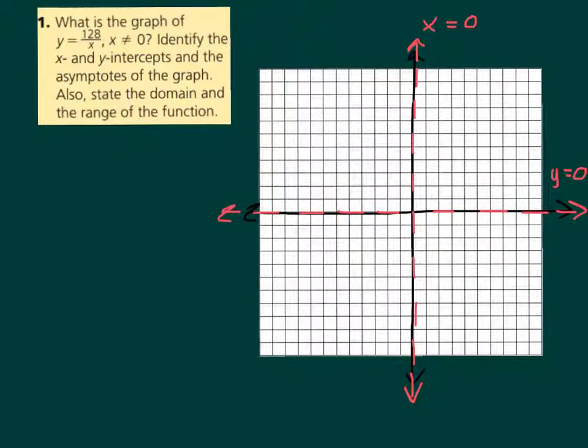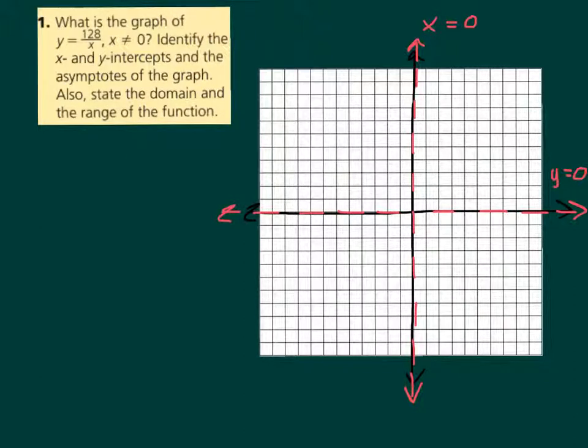And in a graph like this, you're never going to touch the horizontal asymptote either. But in the future, you could come across examples where you do cross the horizontal asymptote, but we'll talk about that later. So we have identified the x and y intercepts. There are none. We have identified the asymptotes. It's the x and the y axes.